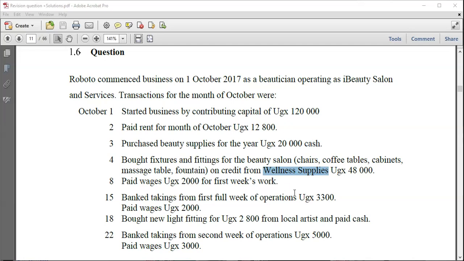Since they paid 2,000, we have an expense of wages, which we shall debit, and then we shall credit cash. The reason we credit cash is that our cash is reducing. As our expenses are increasing, our cash is reducing, and when assets are reducing, we credit them.